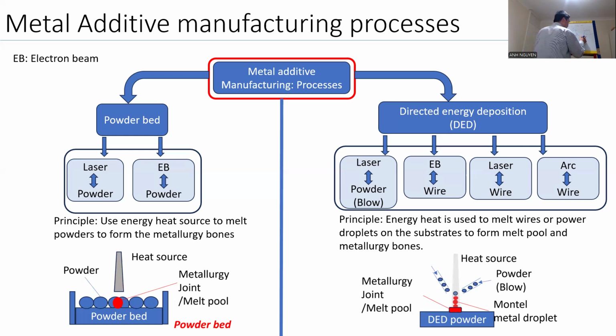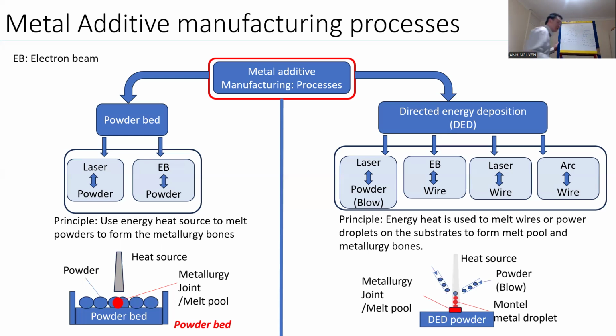The second one is the DED process. The first is laser with wire. The second is arc with wire. Next, electron beam with wire. And now we have the final one for the DED process: laser with powder.